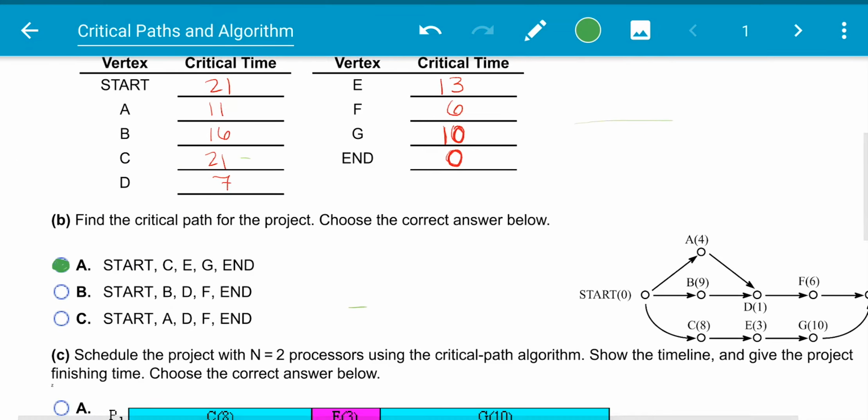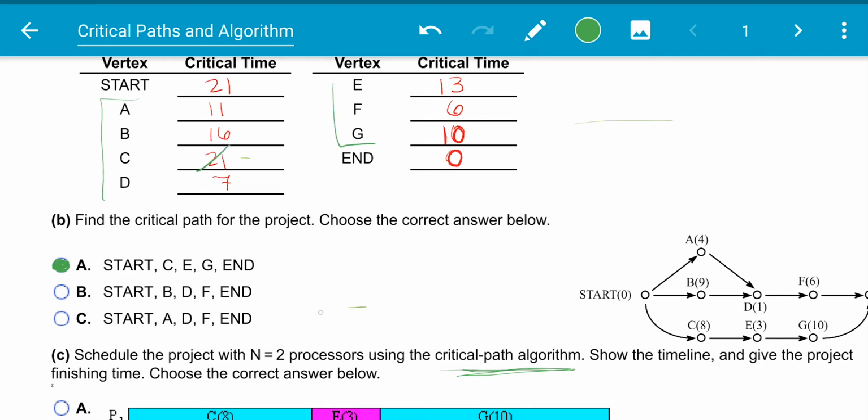So now we're going to create, per se, a decreasing time priority list, but instead of using decreasing time of the actual time for each process, we're going to be using the critical times. So let's create our list based on which one, A through G, is the largest.